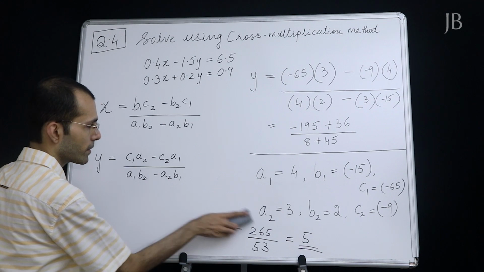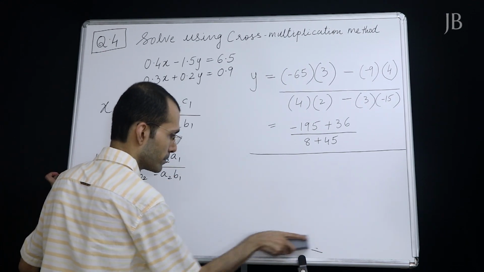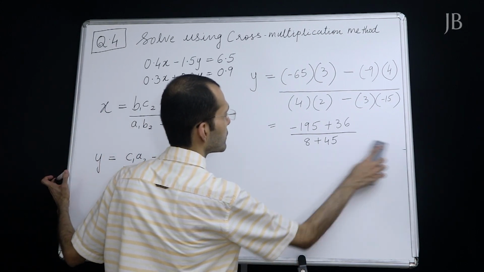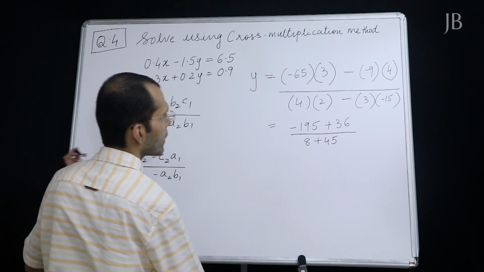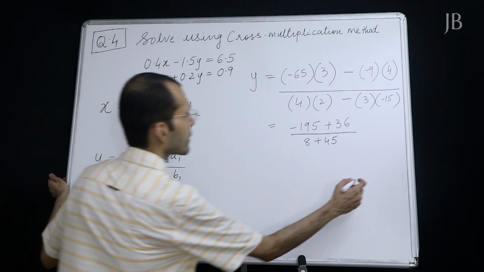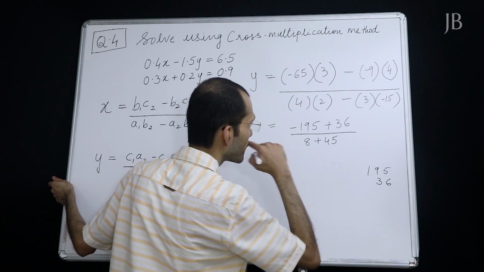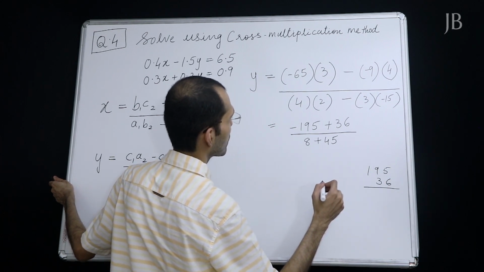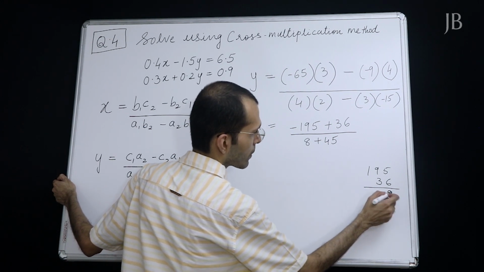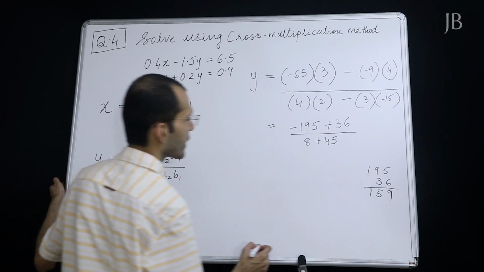This we shall now erase. Minus 195 plus 36. What will this be? This will be 159.